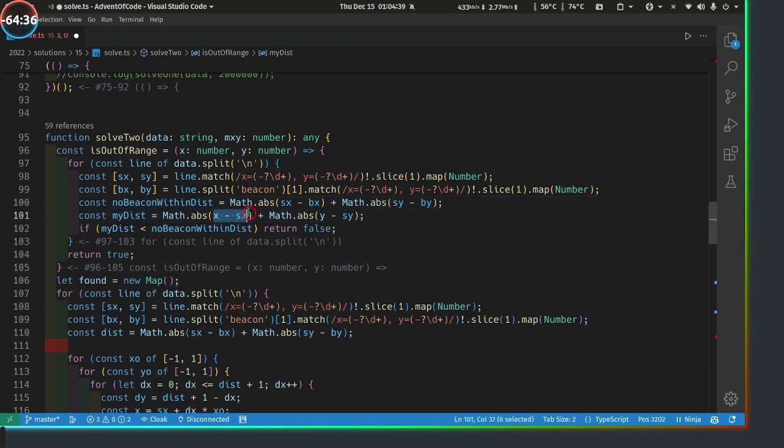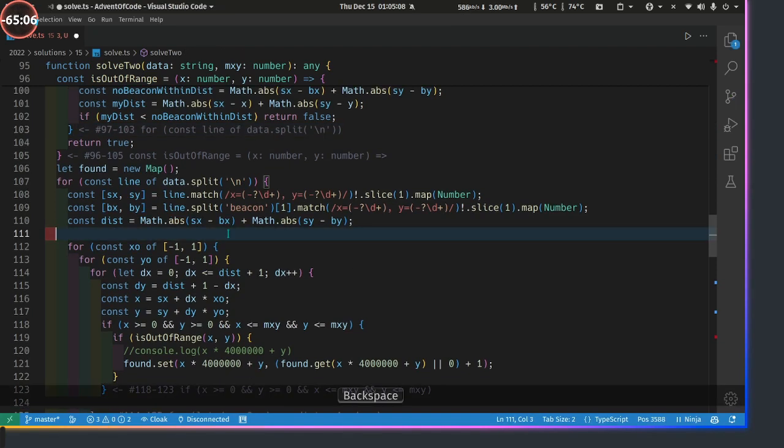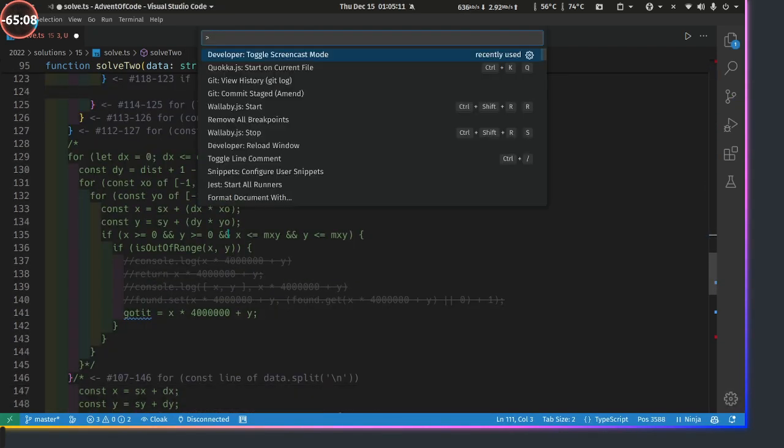Okay, I also swap this around. X minus X, Y minus Y. Oh, why did Quokka... I turned it off, didn't I?